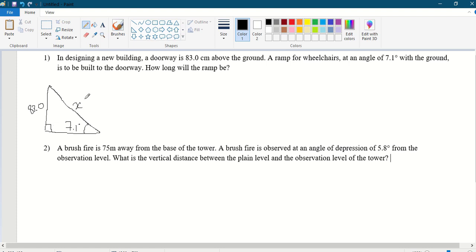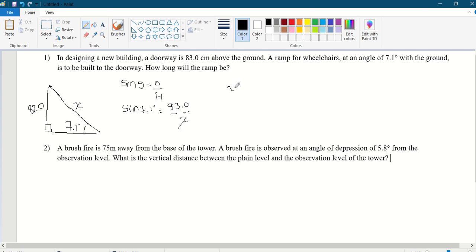Let's call it x. Now using SOHCAHTOA, depending on the situation, we'll either use sine, cos or tan. In this case, because we know the opposite and we want to find the hypotenuse, we will say sine theta equals opposite over hypotenuse. In our case, sine 7.1 degrees equals opposite is 83, hypotenuse is unknown.